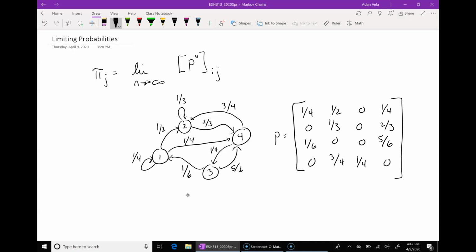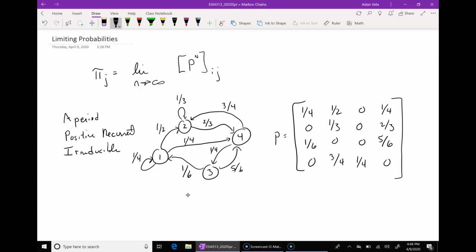At this stage, what we can verify very quickly is that we have an aperiodic, positive recurrent and irreducible chain.